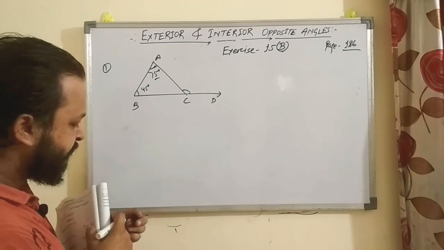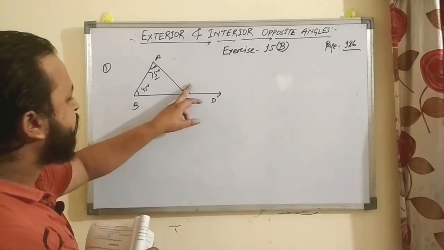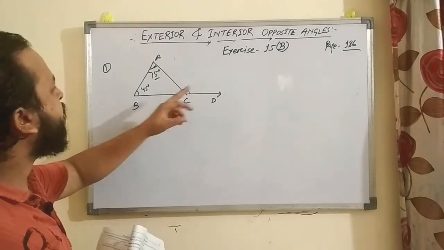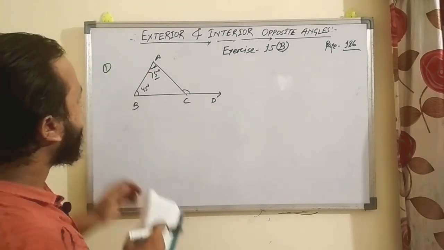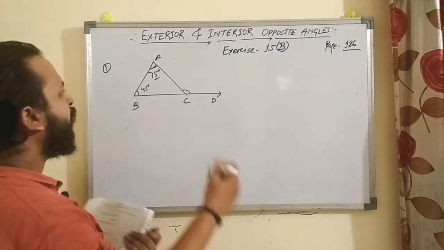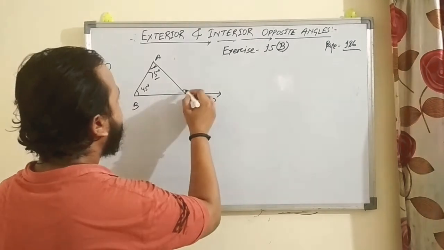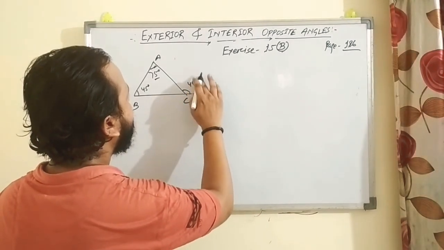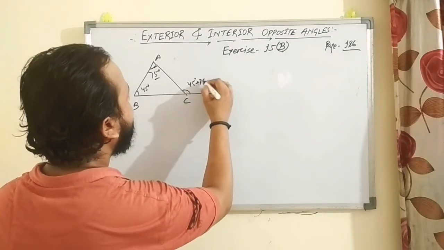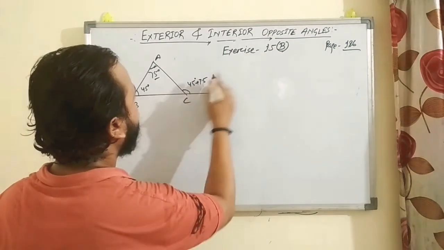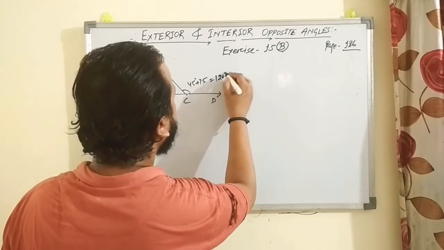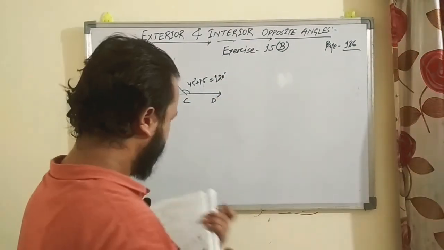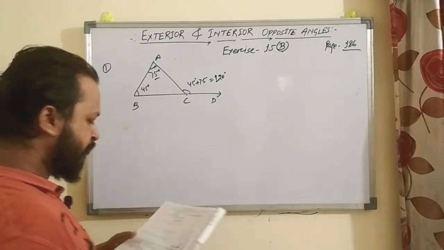So you know that the exterior angle value is the sum of the opposite interior angles. So it means this angle must be equal to what? 45 degrees plus 75 degrees, right? So 5 plus 5, 10, 7 plus 4, 11, it means 120 degrees. Now, come to the second question.